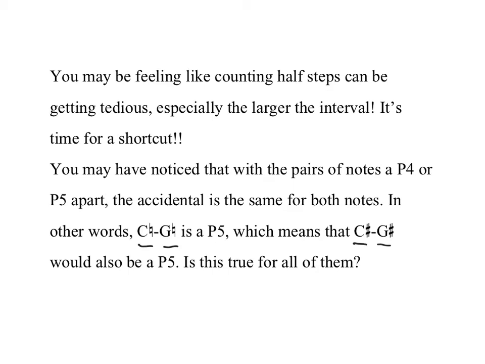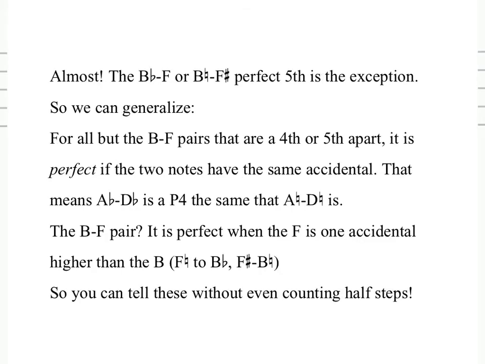Would that be true for all of them? Almost. We just looked at a B flat and an F, and I can tell you also that a B natural to an F sharp, those are perfect fifths also, but that's the exception.